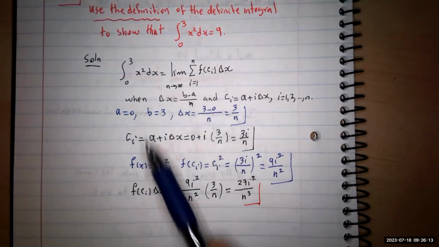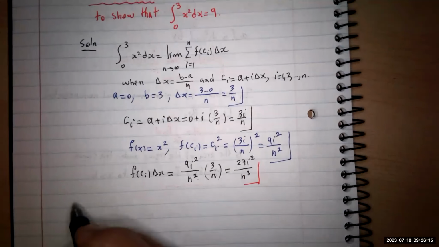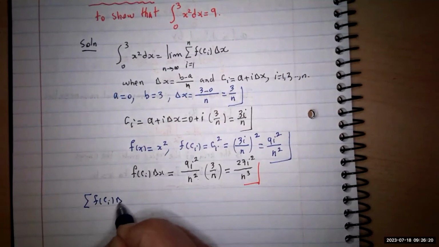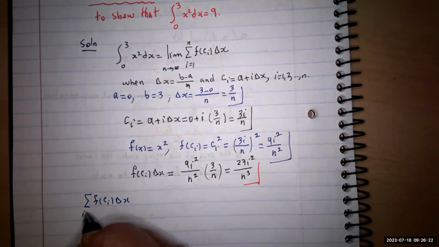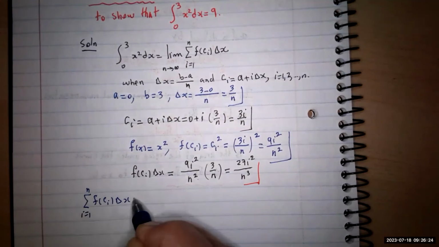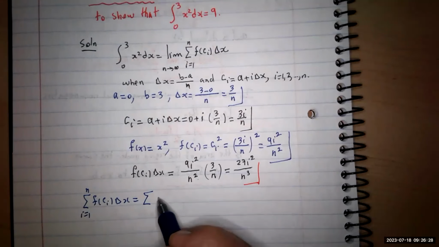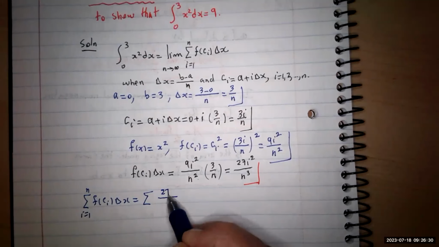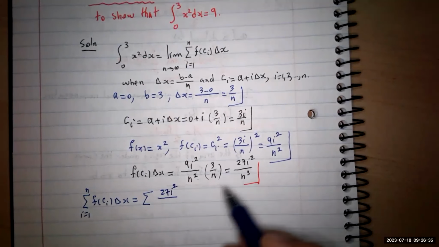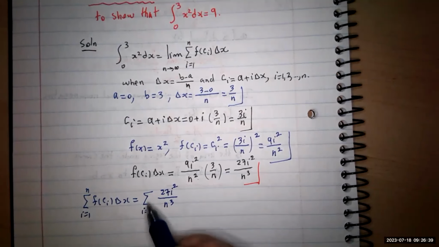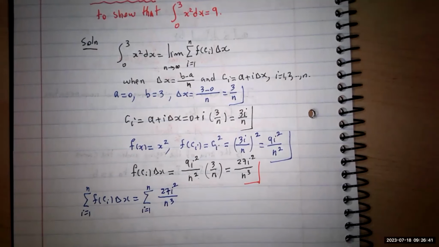Next, you see we did everything inside. Sigma, add them together. Sigma of f of ci delta x, i from 1 to n, is equal to sigma of 27 i squared divided by n cubed, i from 1 to n. Now we have to evaluate this one.